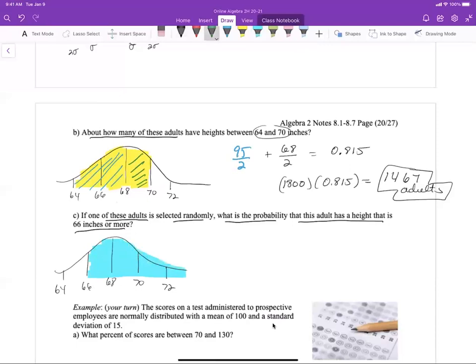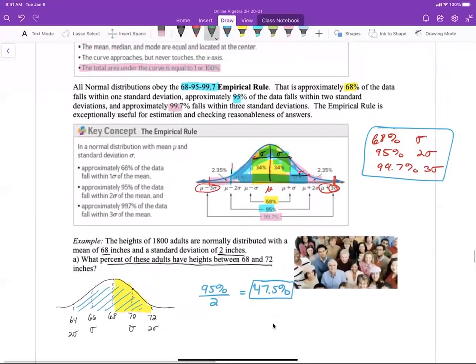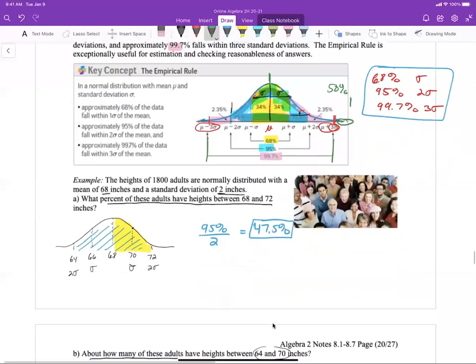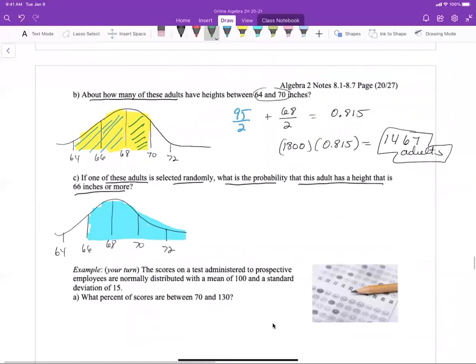Now, one of the things I didn't talk about is, even though we know that at 3 sigma, it encompasses 99.7%, there's still a little tail worth of data. And so from the average, the mean, all the way to that tail would be a total of that 50%, because that's half of the data. So I know that from 68 all the way up to the max number is 50%, okay? And so that takes care of that. And now I have to figure out what portion of this red that I have.